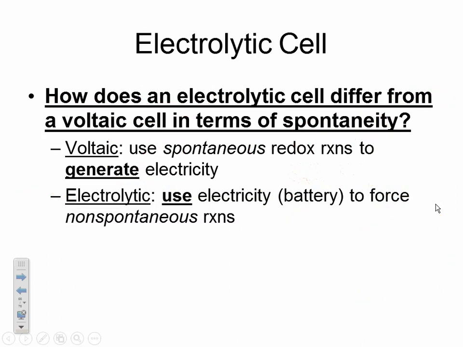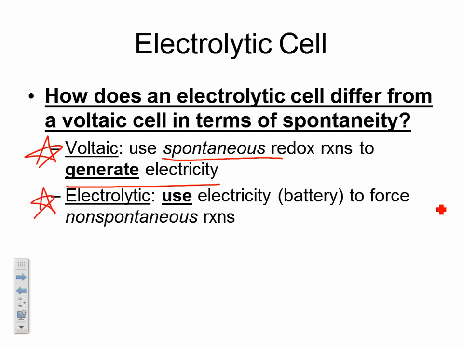So how does an electrolytic cell do this? How does simply this battery actually cause this non-spontaneous reaction to occur? How does it differ? So first big way that a voltaic cell differs from an electrolytic cell: in a voltaic cell, we have a spontaneous redox reaction, it generates electricity.